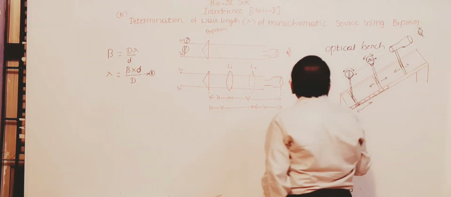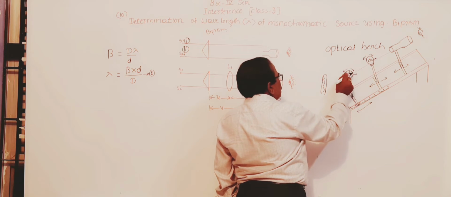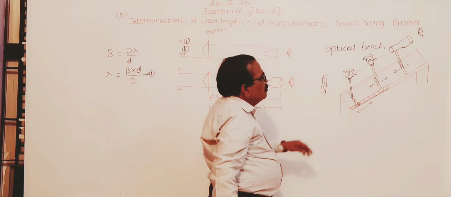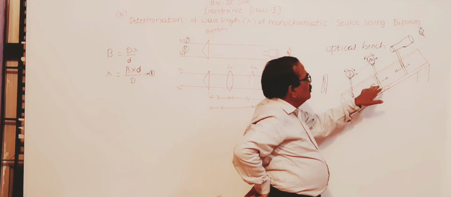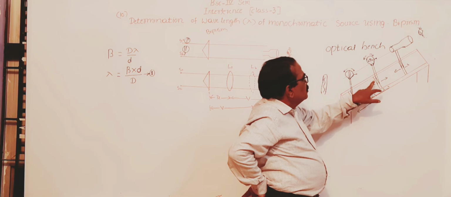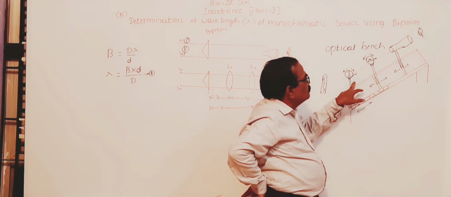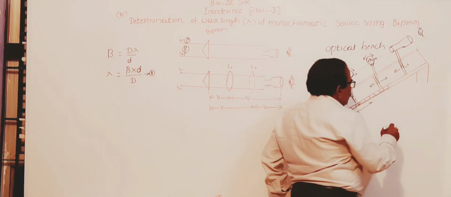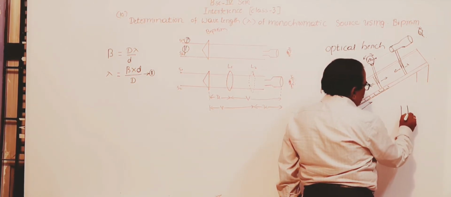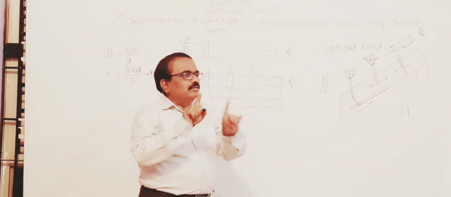Then you go on adjusting this slit. Then at a particular distance between this biprism and the slit, you can observe two images of the slit of equal brightness.